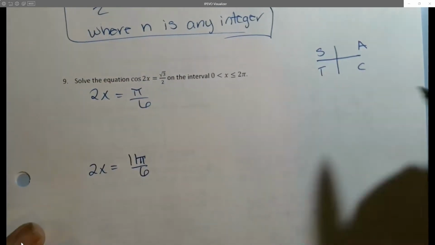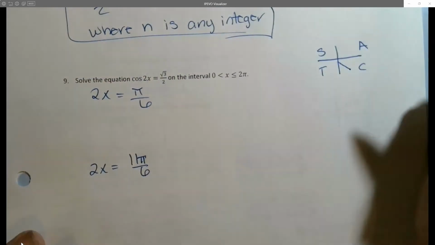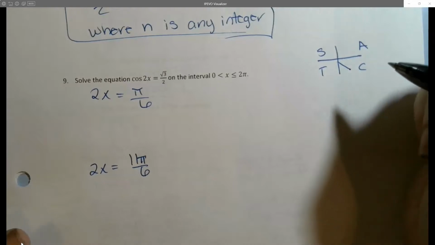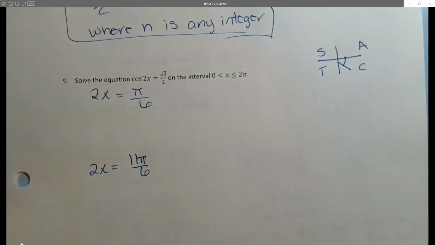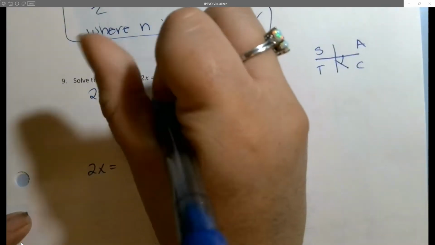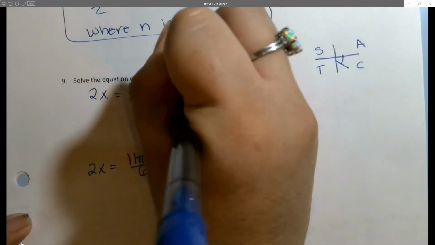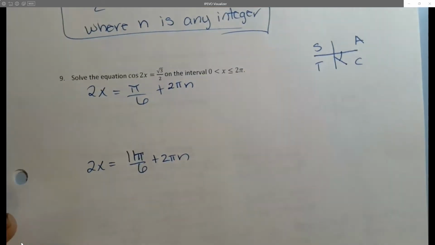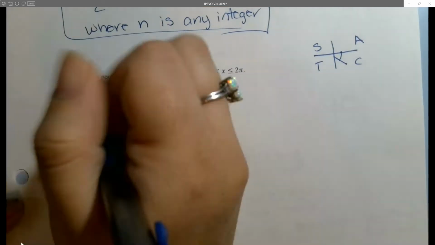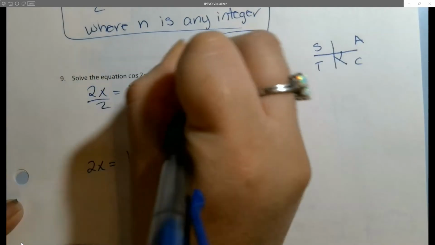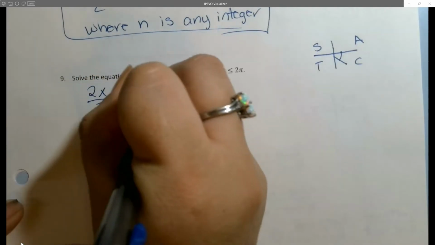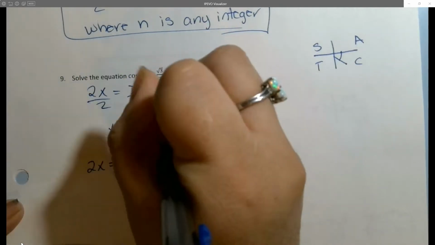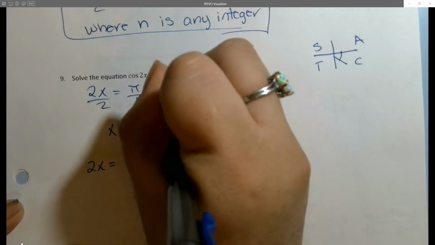Because right here is 11 pi 6 for cosine. You just take the pi 6 and subtract from 12 pi 6, which is 2 pi. So on the first one, I also need to have my plus 2 pi n, and I also need to have that on my second one. On the first one, I want to go ahead and divide everything by 2. So that gets me x equals pi 12ths plus pi n.